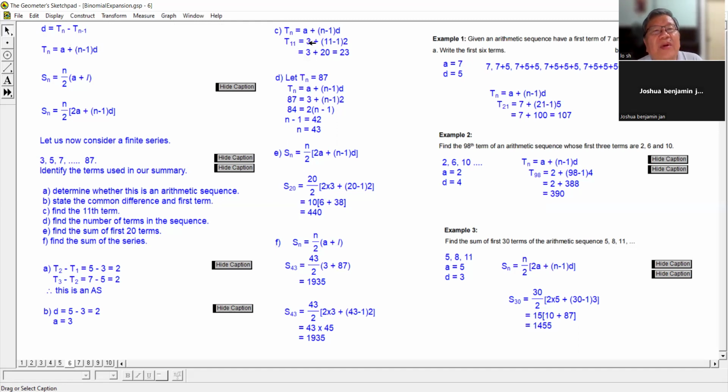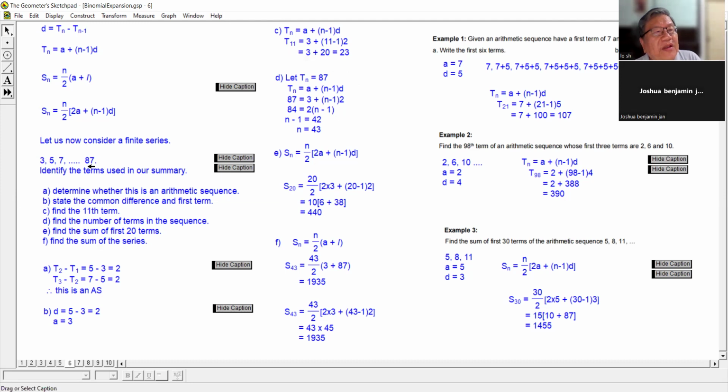The a, I replace with 3. The d, I replace with 2. As a result, I can straight away find out the 11th term is 23. So this formula will enable you to find any term that you want.